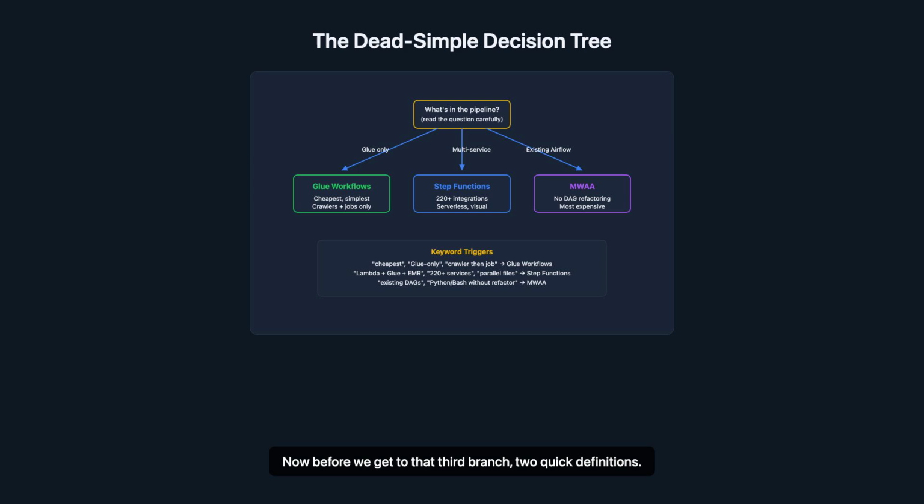Now before we get to that third branch, 2 quick definitions. Apache Airflow is an open-source workflow scheduler that data teams use to write pipelines in Python. Those pipelines are called DAGs, short for Directed Acyclic Graphs. And MWAA is Amazon's managed version of Airflow, so teams can run their existing Airflow code on Amazon Web Services without rewriting it.